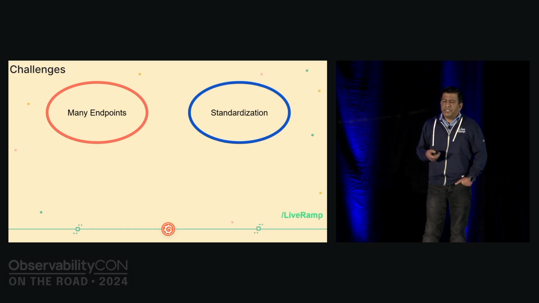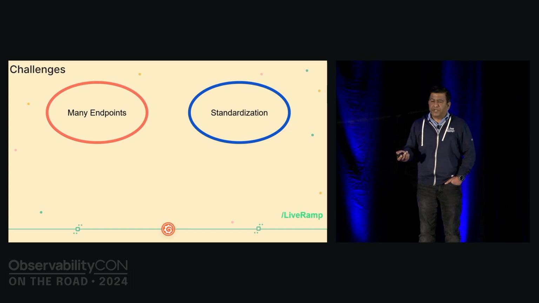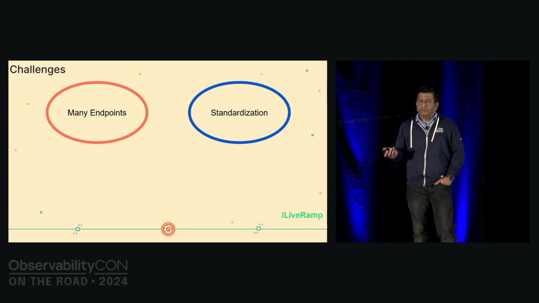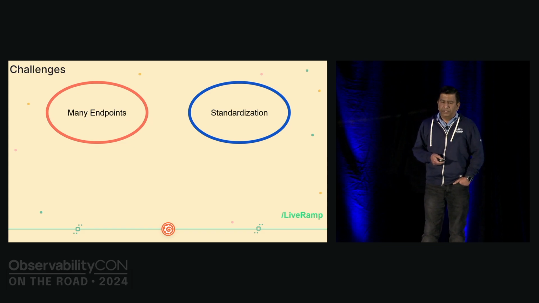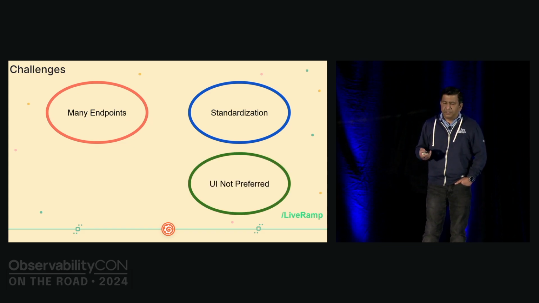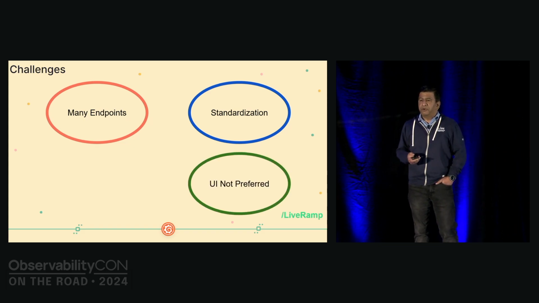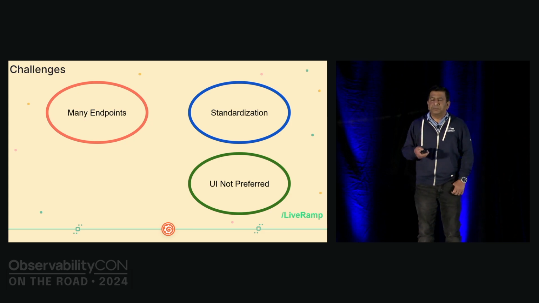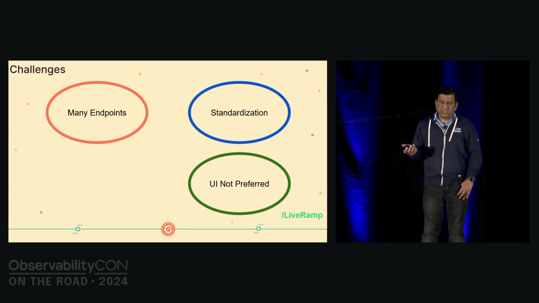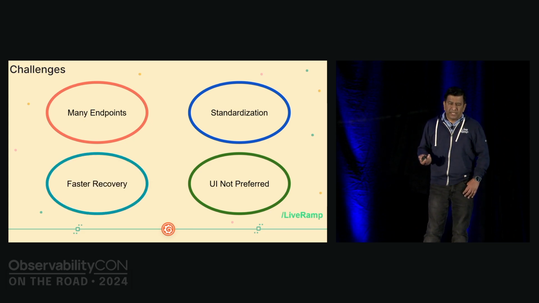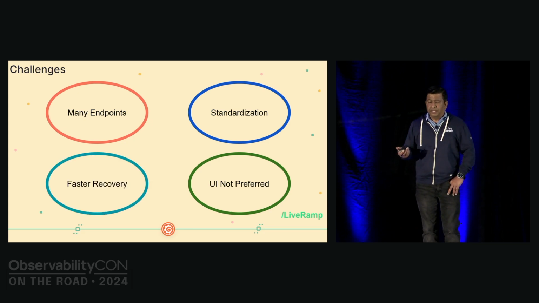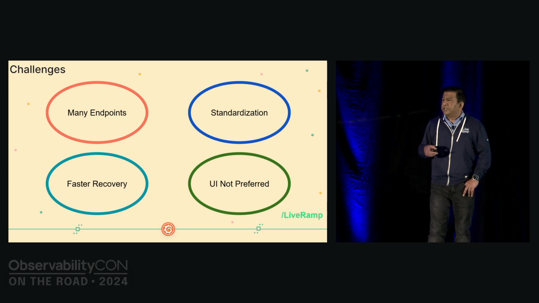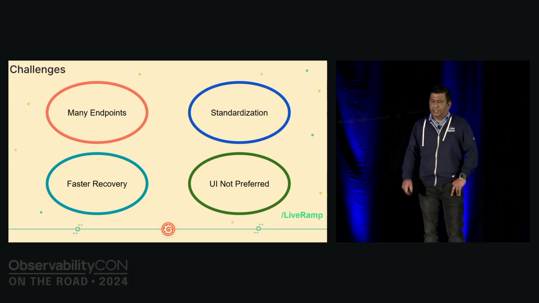Standardization: we seek to establish standards for creating synthetic checks that are easy for the engineering team to follow. UI not preferred: as a company and team, we prefer to employ an infrastructure as code approach whenever feasible, rather than relying on UI-based methods. And the last, we want to recover faster. In case of any disaster, you must ensure swift recovery procedures are in place.